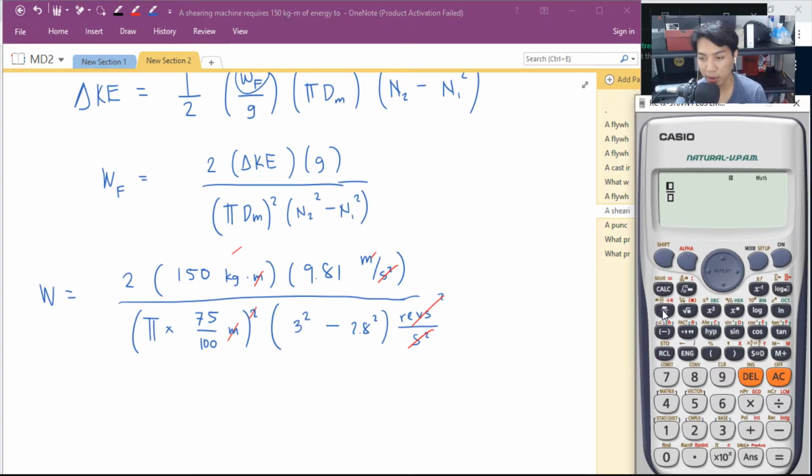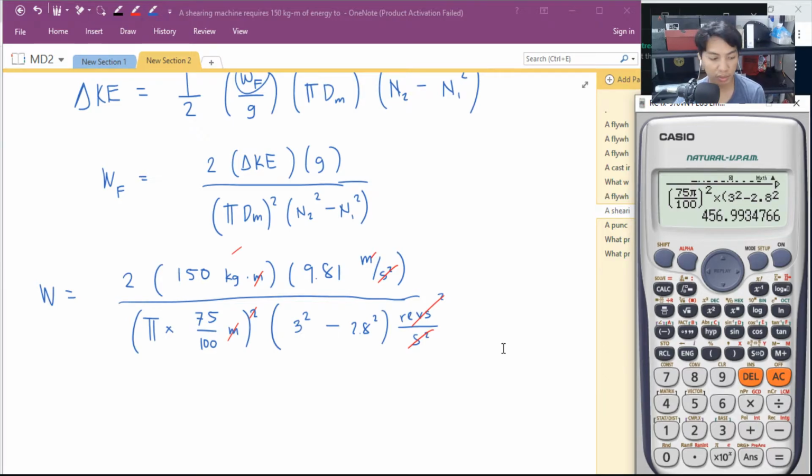Let us calculate the value for the weight of the flywheel in kilogram force. 2 times 150 times 9.81, divided by, okay, 75, set aside pi, divided by 100, squared, and then multiplied by 3 squared, so 9, minus 2.8 squared, if I remember correctly from yesterday.